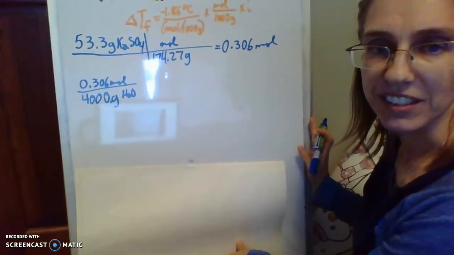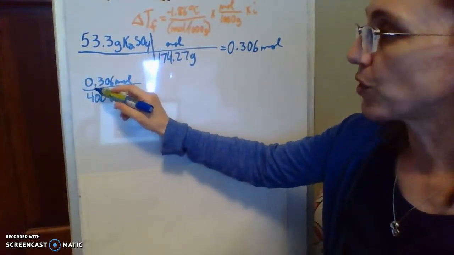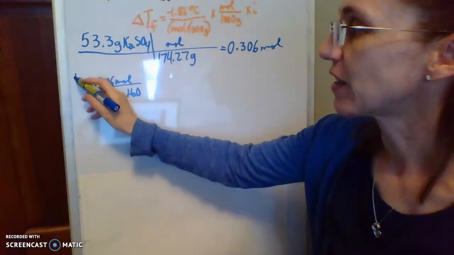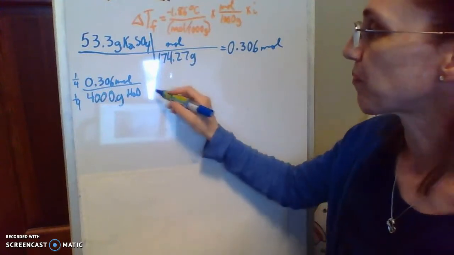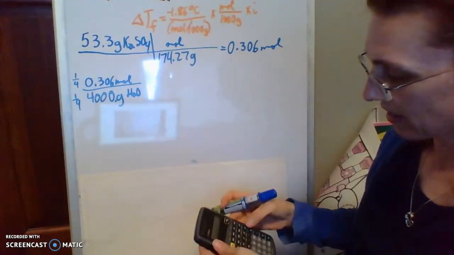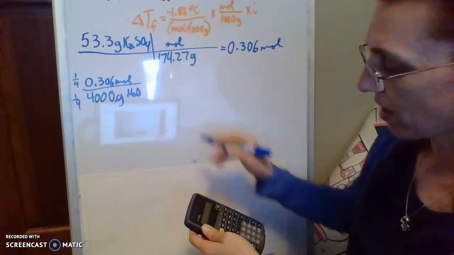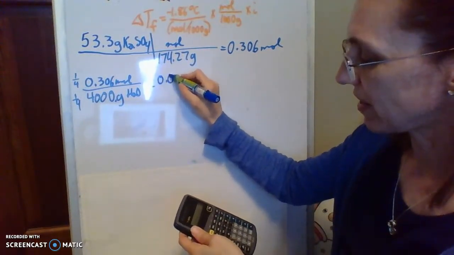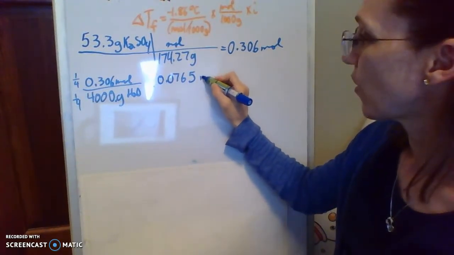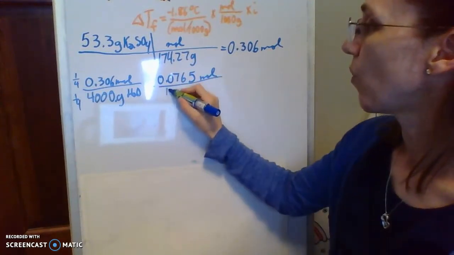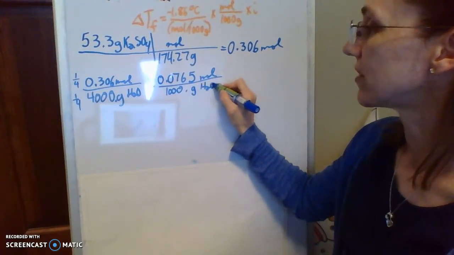A little bit of a reflection here. Let me see if I can adjust that. So what we're going to do is just divide both of these, the top and the bottom, by 4. Okay? That's going to give us, divide 0.306 by 4, we should get 0.0765 moles in 1,000 grams of water.